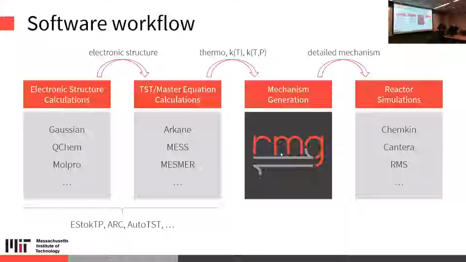They automate this entire process of doing the electronic structure calculation and getting the rate out. Right, so this is the overall map of all the software that is involved in improving our models.